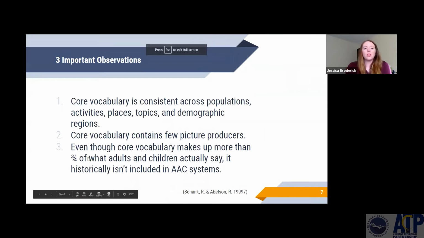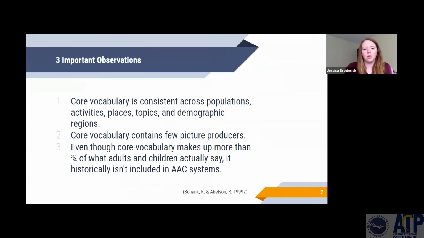So 3 important observations about core vocabulary. One is that the research tells us that it's consistent across populations, across activities, places, topics, and demographic regions. So these are the same kinds of words that people are using most often if they're 3 or 30 or 80.